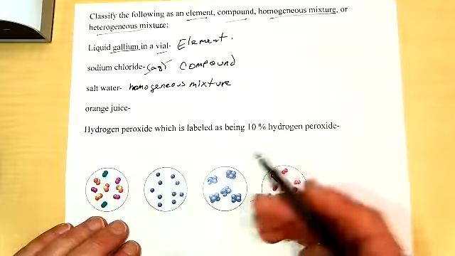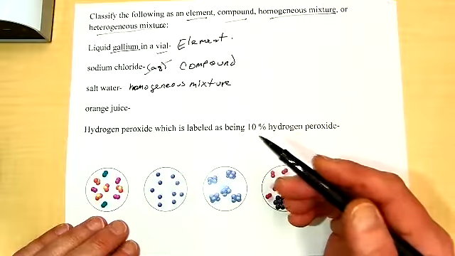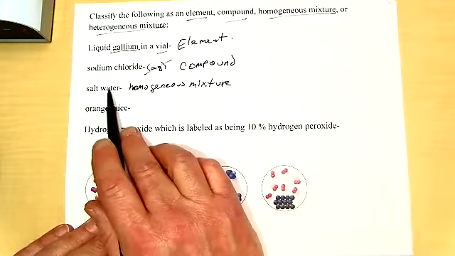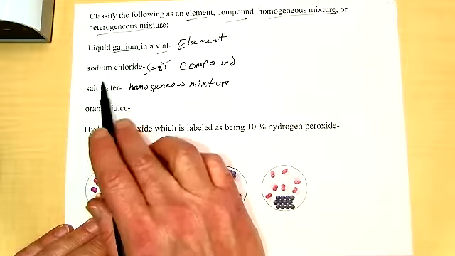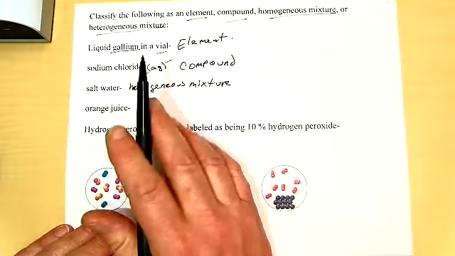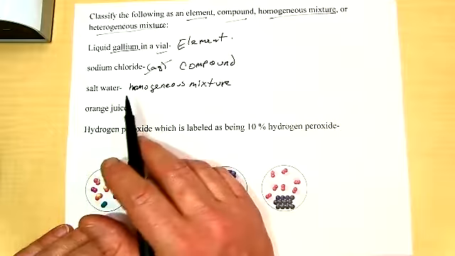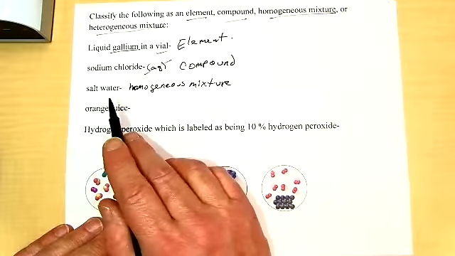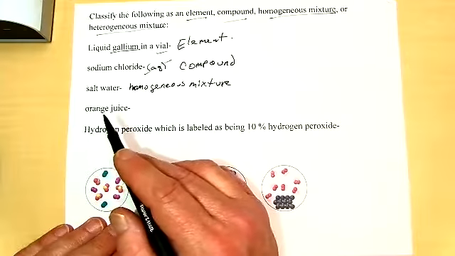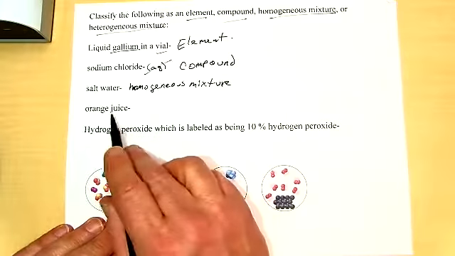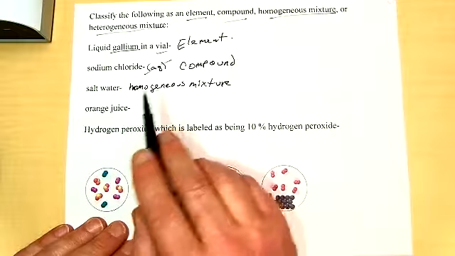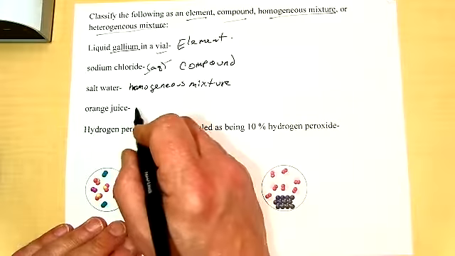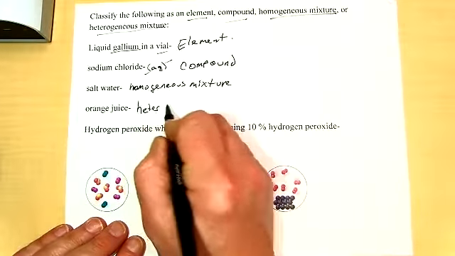So the water, for instance, is a liquid. And in the saltwater case, the sodium chloride that's dissolved in that water is in the same phase. It's aqueous. It's in the liquid form. But in orange juice, we have little particles that are floating around in there, and they're solid, meaning that they're not in the same phase.